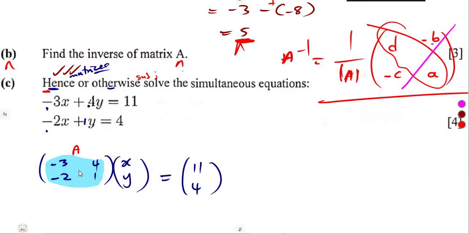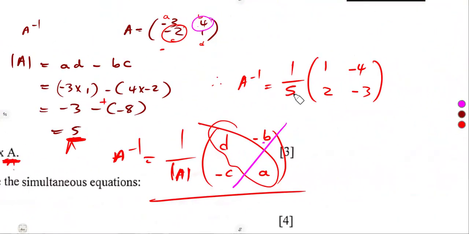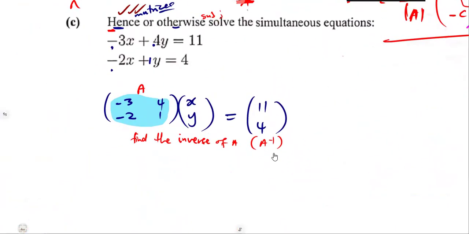What is it that you're supposed to calculate? Remember, you must find the inverse of A first. So are we going to calculate it? No, because here we calculated the inverse of matrix A. So that is where the hence part is now playing a role. You are going to take that inverse of A as it is. You do not recalculate, but in a normal sense, you were supposed to calculate that inverse.